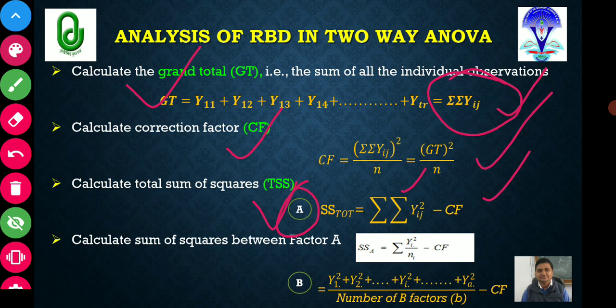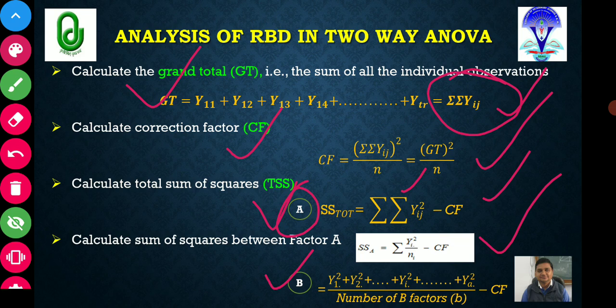Like that, the sum of breed n squared divided by the total number of observations, and it should be subtracted by the correction factor. By this way you will get the sum of squares between factor A, and we name it as SSA.